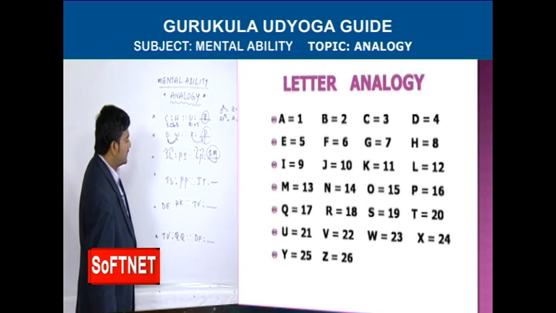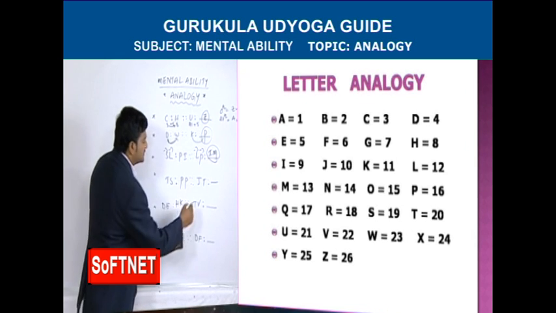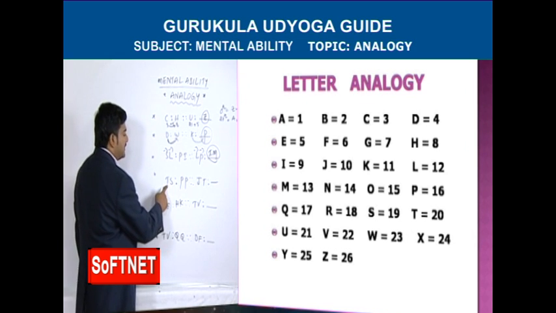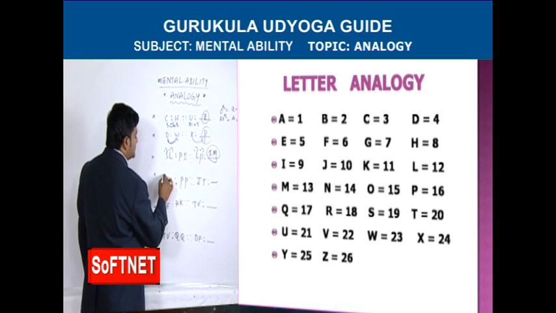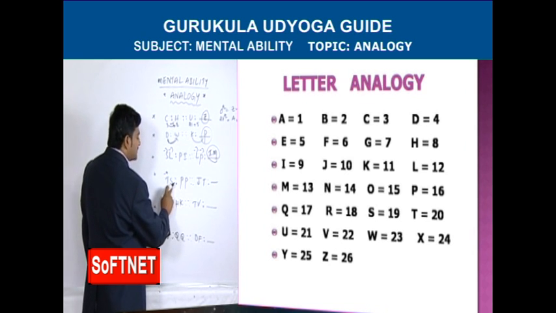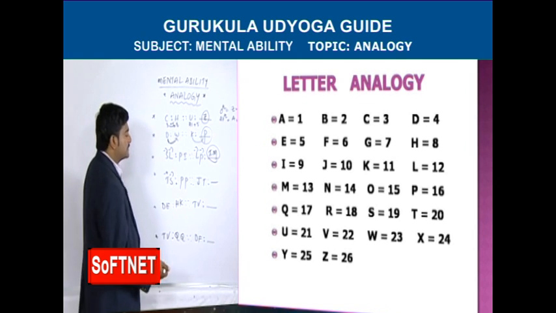See, observe here, TS is to PP as JT is to dash. T means 20 and P means 16, so 20 became 16, reduced by 4. Here S means 19, P means 16, reduced by 3. So reduced 4, reduced 3.